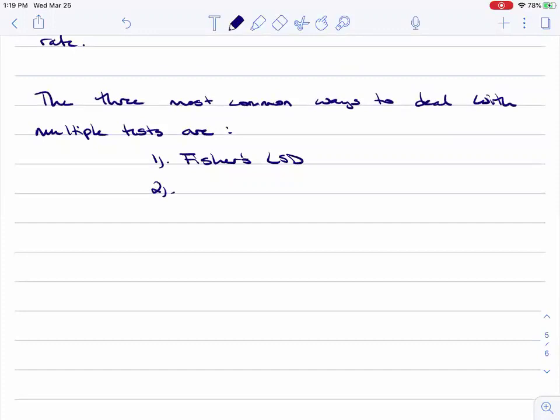The second one is called a Bonferroni adjustment.